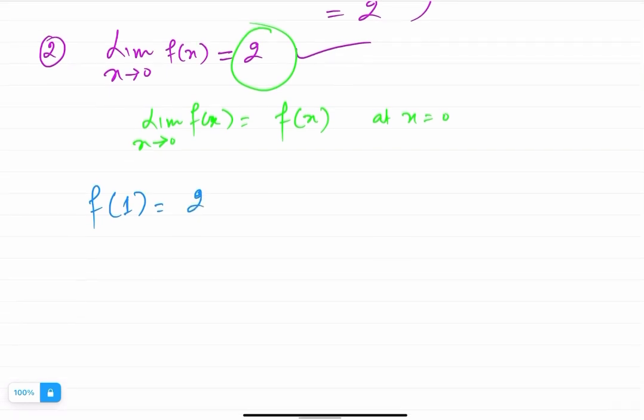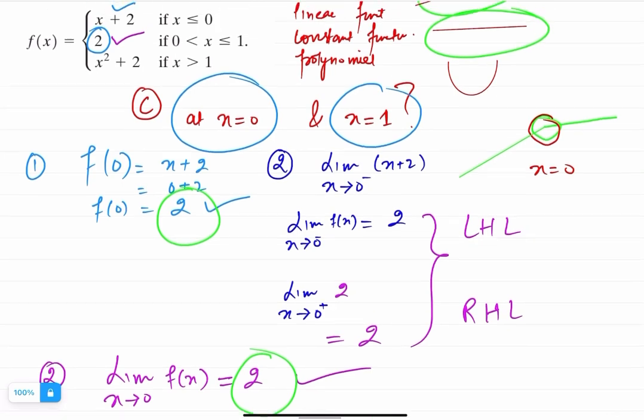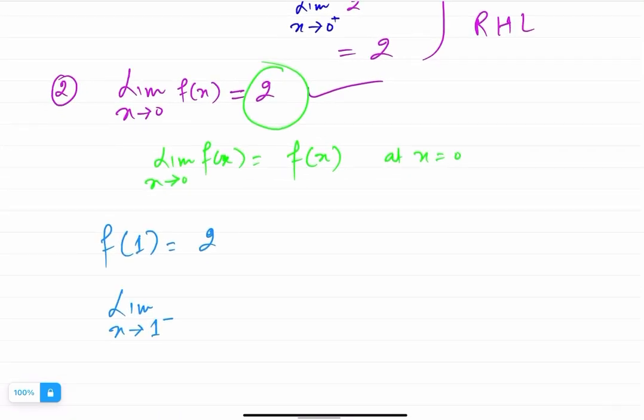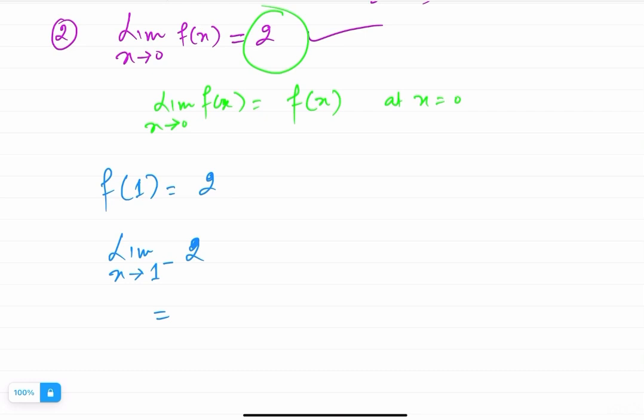Now we will check the limit x approaching 1 from the negative side. From the negative side, we're going to take the second piece, that is the constant number 2. For a constant number, it doesn't matter where you want to find the limit, it's always equal to that constant number. So its limit will be 2.